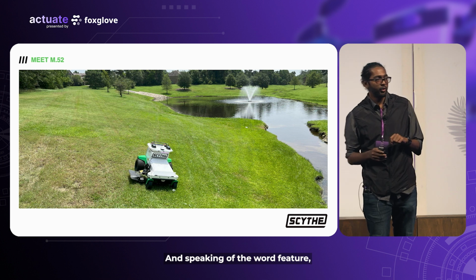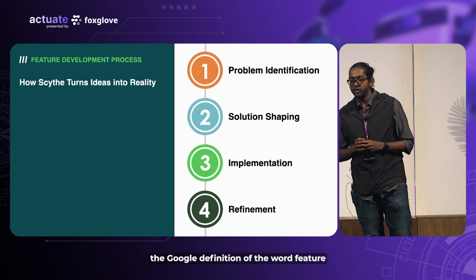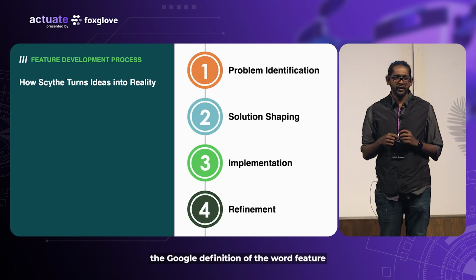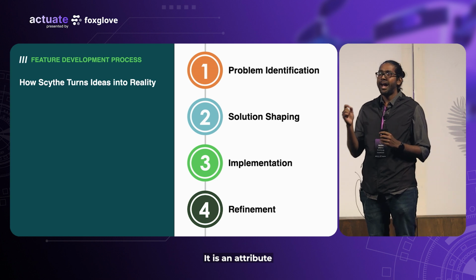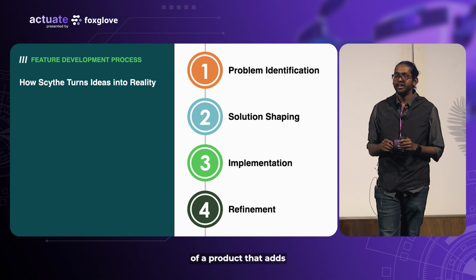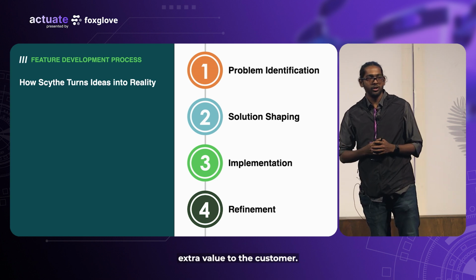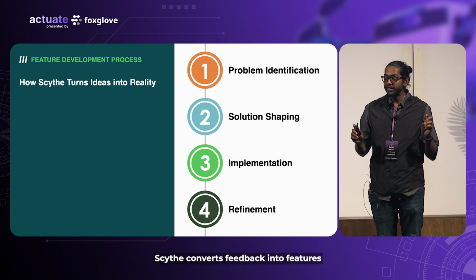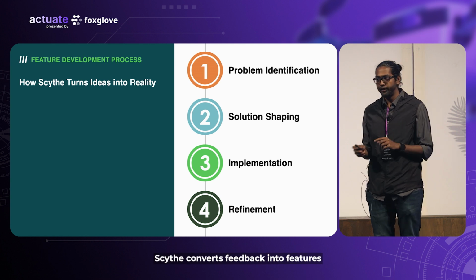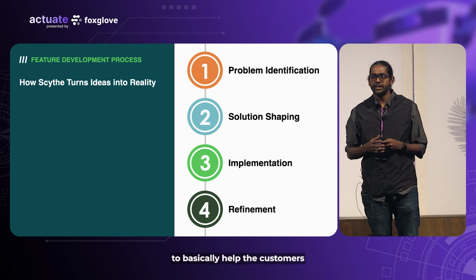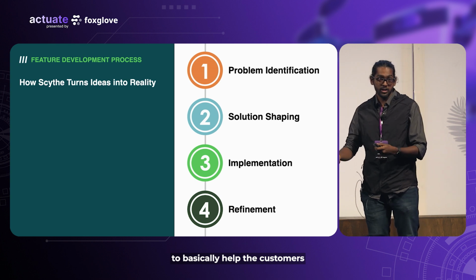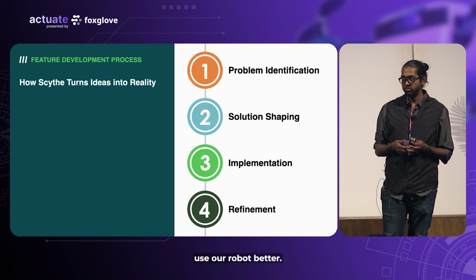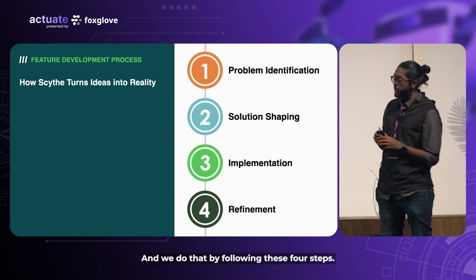And speaking of the word feature, the Google definition of the word feature is an attribute of a product that adds extra value to the customer. Scythe converts feedback into features to basically help the customers use our robot better. And we do that by following these 4 steps.